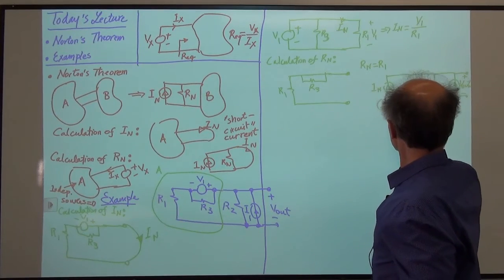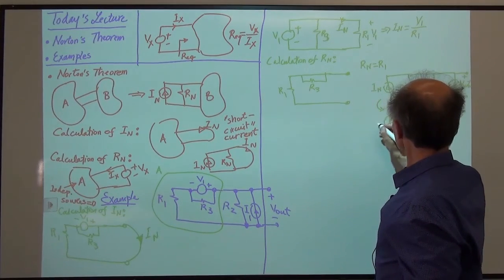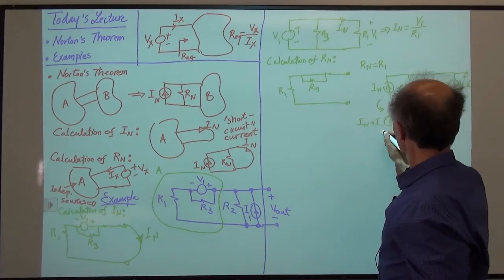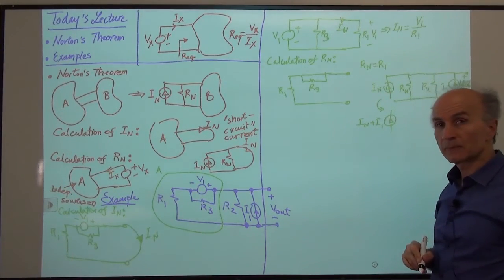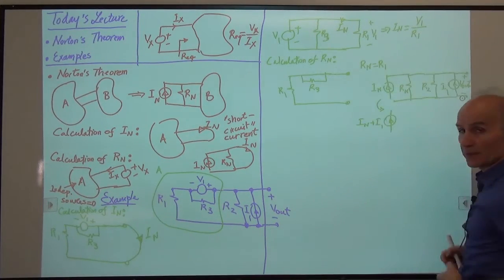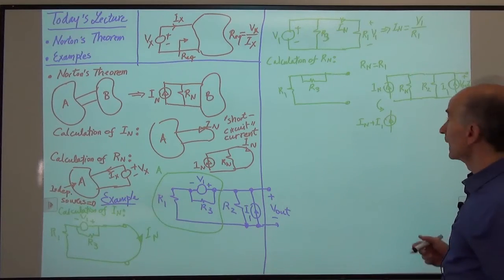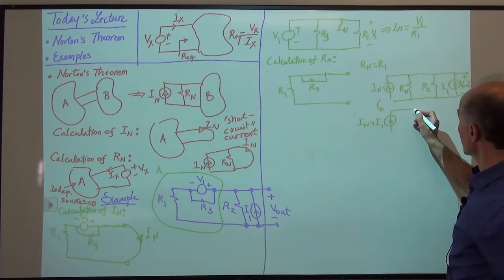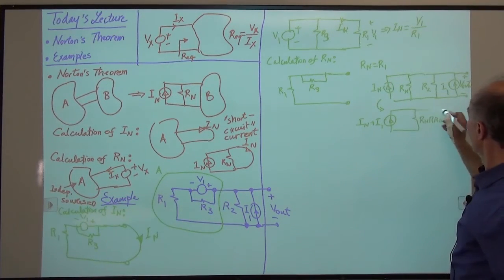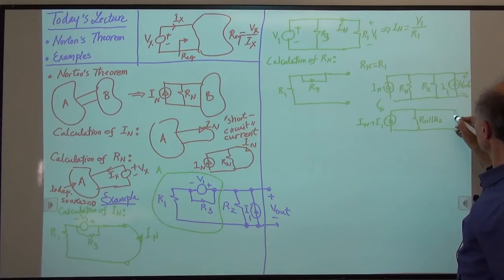So this can be simplified to one current source pointing upward equal to IN plus I1. Right? So both of these are trying to pour current into the resistors. So they add up. And then these two reduce to one resistor, which we call Rn in parallel with R2. And then this is the voltage, right?